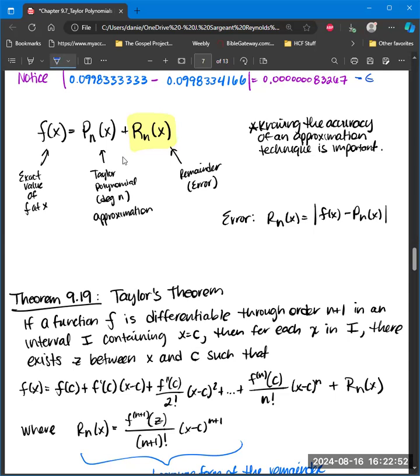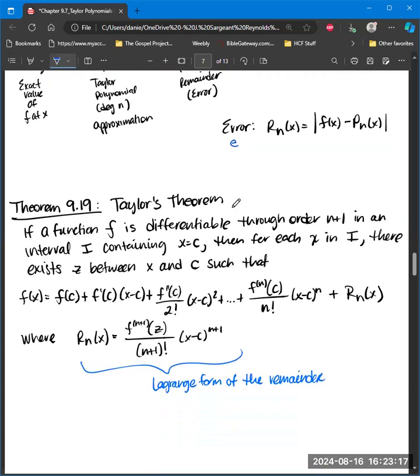And knowing the accuracy of an approximation technique is important. So to find the error, which we were calling epsilon, we can find the remainder from this Taylor series, which is going to be the absolute value of f of x minus p sub n of x. That's what we just did up here. So find the difference between them and take the absolute value.